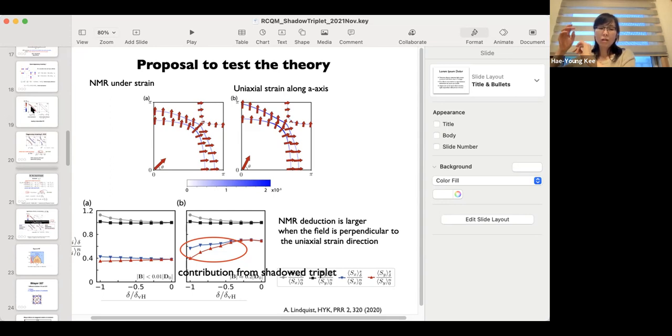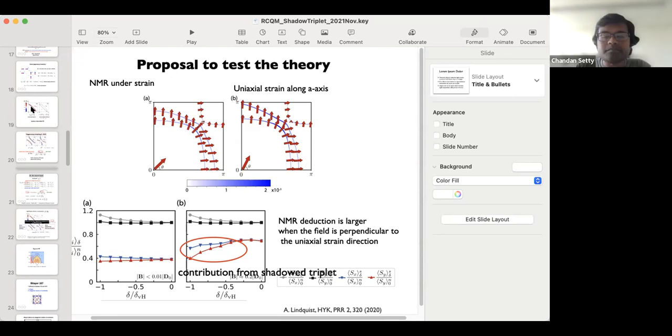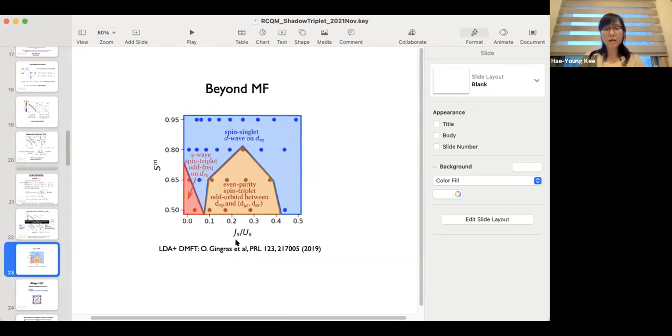As you go to the low energy physics, of course, they can affect each other, and then U prime can change. It doesn't have to be U minus 2JH. At the same time, spin-orbit coupling also can be normalized. So in the low energy physics, those values can drastically change. It's not in this mean field scenario, but you can see that in dynamical mean field theory. This is the DMFT calculation with the LDA. You can see that it appears in this, which is much more low energy physics.